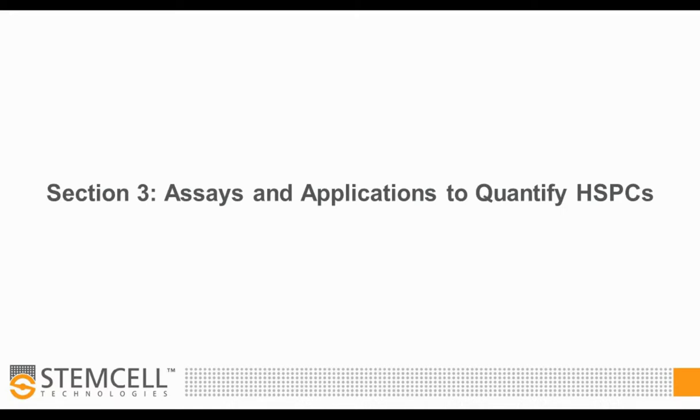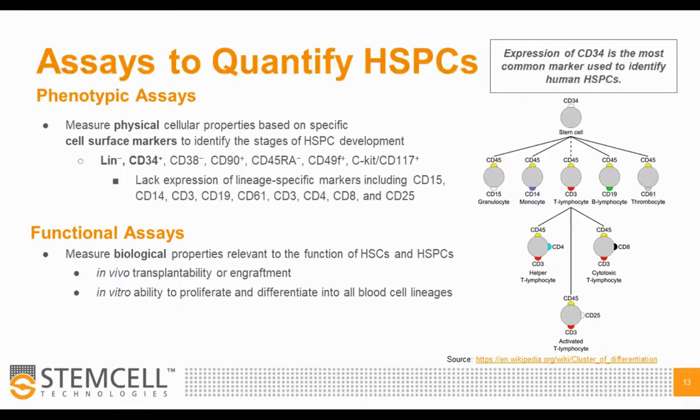So to be able to show that, of course, a lot of the research has depended on a lot of assays of how to quantify hematopoietic stem and progenitor cells. So I'll just review those, as well as outline some of the applications of how those can be used.